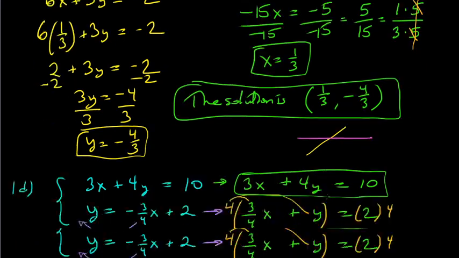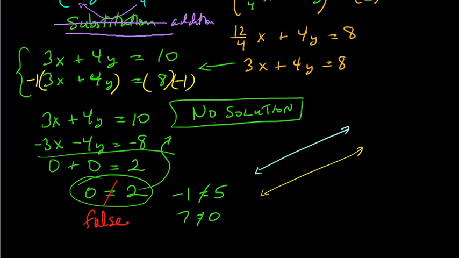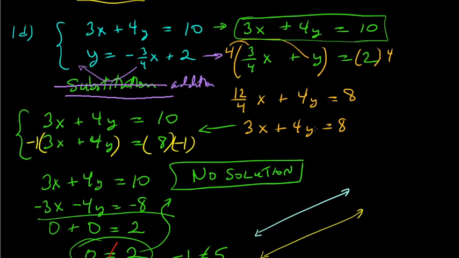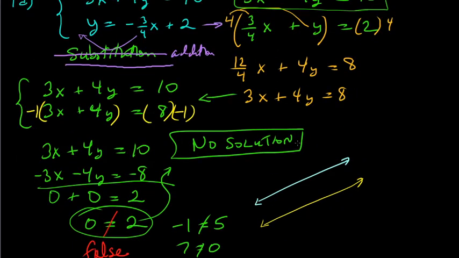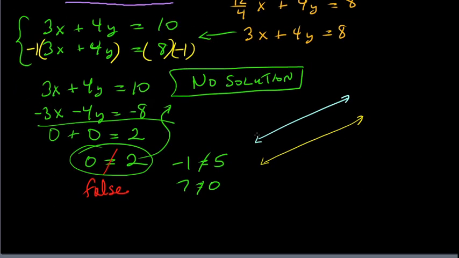So when two lines are parallel, they never intersect, therefore there is no solution. Okay, so that's why I wanted to do part D, because it's an unusual one. Most problems you're going to get are going to have one unique solution. This one happens to have no solutions, so just be aware of that.